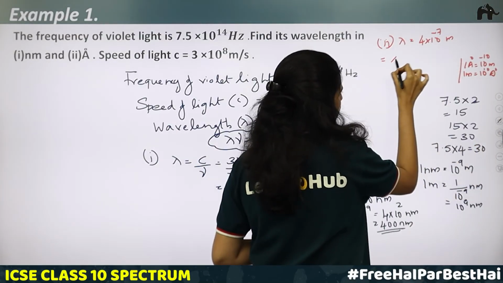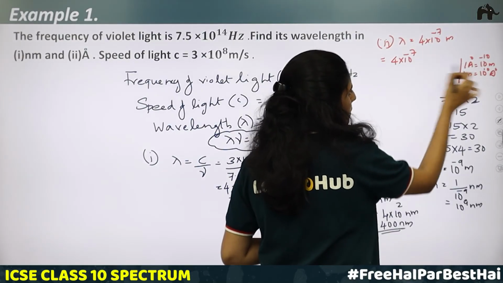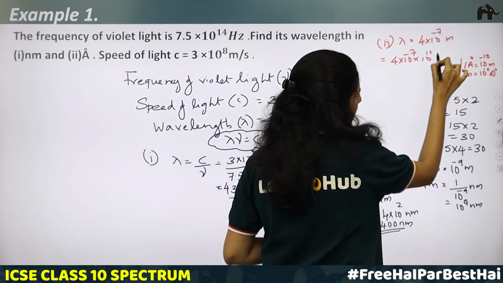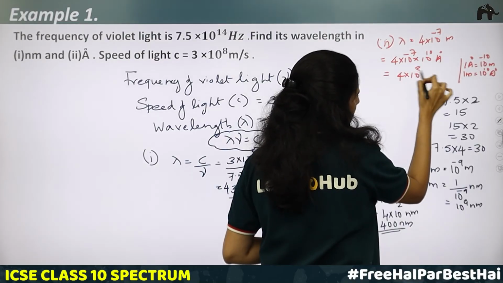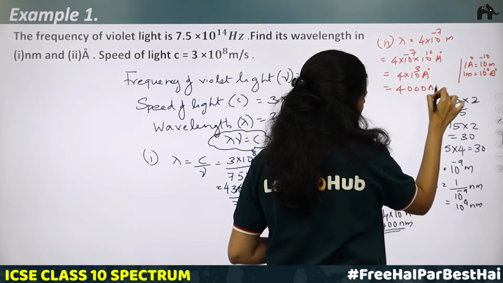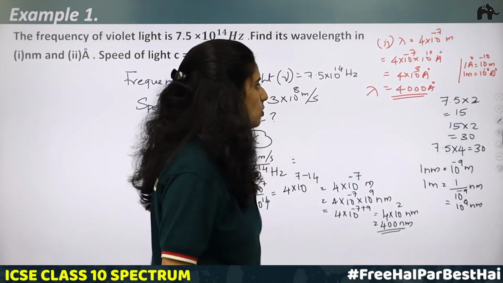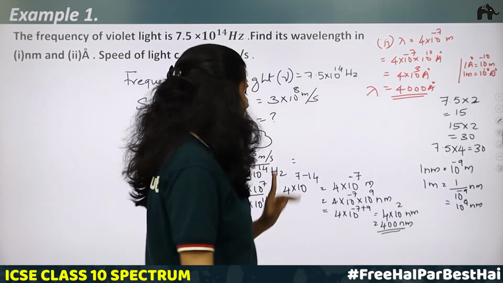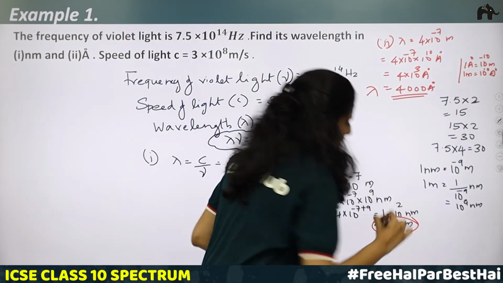So 4 into 10 raised to minus 7 meters is equal to 4 into 10 raised to 3 angstrom, or 4000 angstrom. So the wavelength lambda in angstrom is 4000 angstrom, and in nanometers is 400 nanometers.